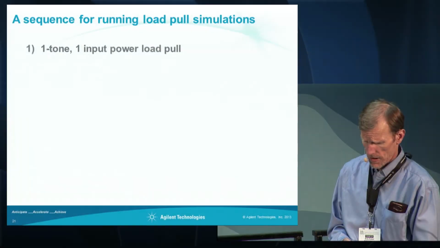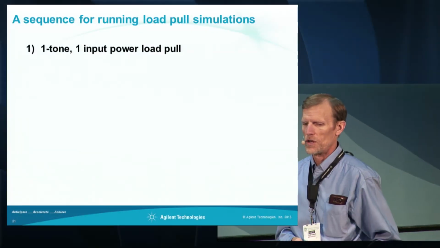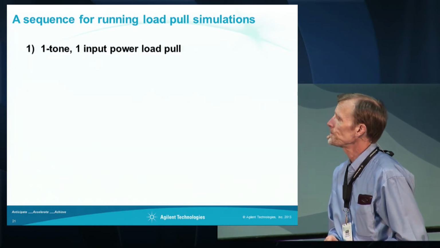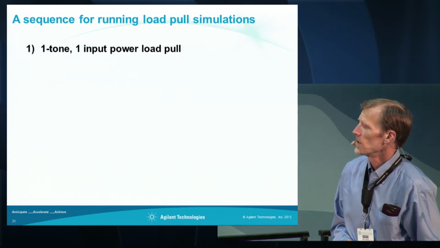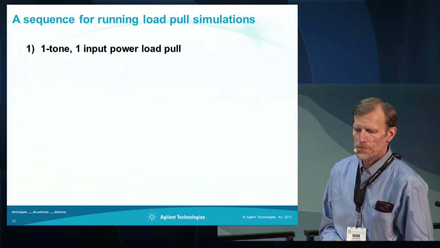This is a sequence for running load pull simulations. You could certainly use different sequences, but this is just one that I think is a reasonable approach. You could start off with a one-tone, one-input power load pull. This is the fastest simulation because it doesn't include any sweeps other than of the load.